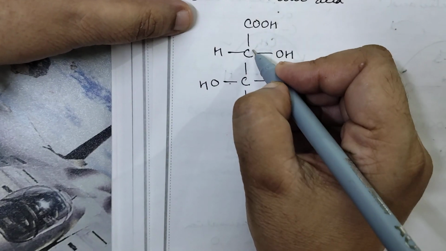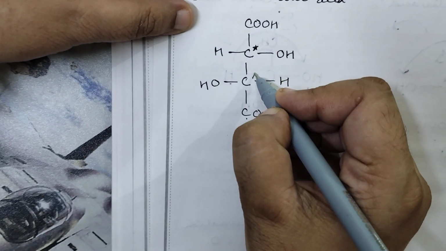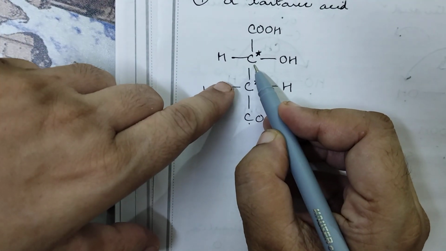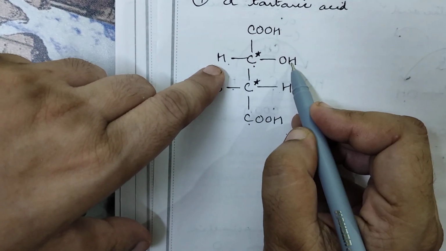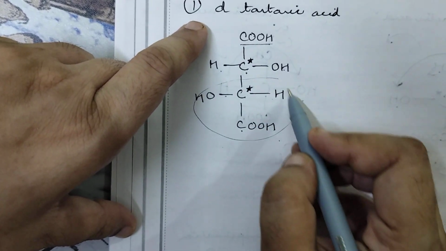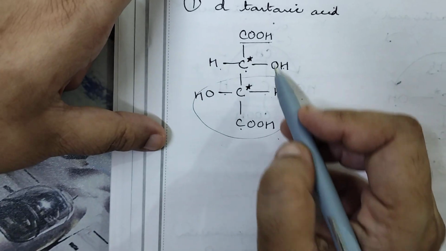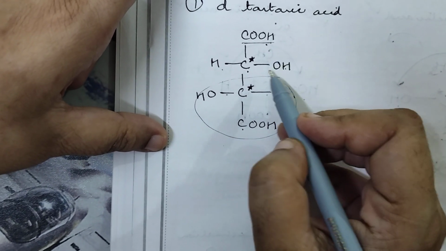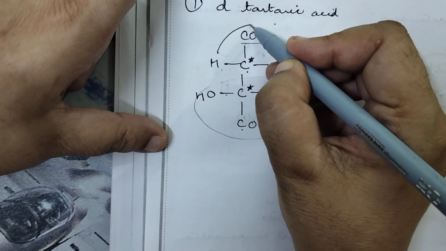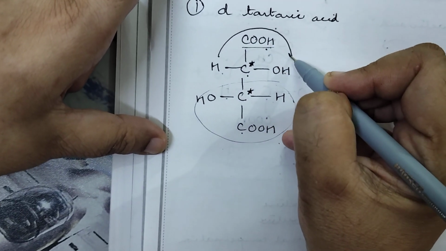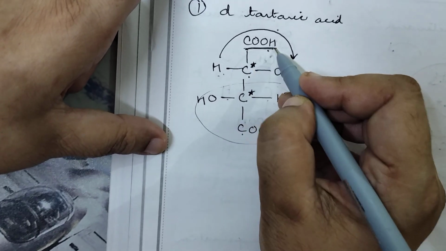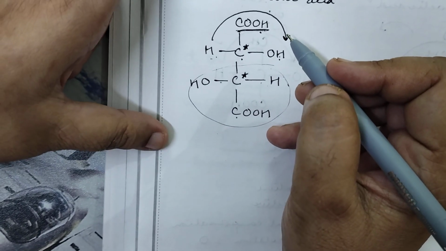Now this carbon is chiral, this carbon is chiral. For this, the direction of rotation is from H to OH. Now one group is COOH and one group is this big group. So obviously COOH has the lower mass, so for this carbon we will make the rotation this way, direction from H to OH towards the group which has smaller molecular mass.